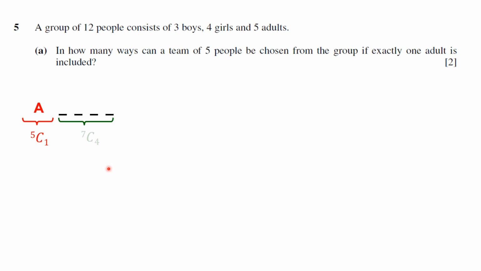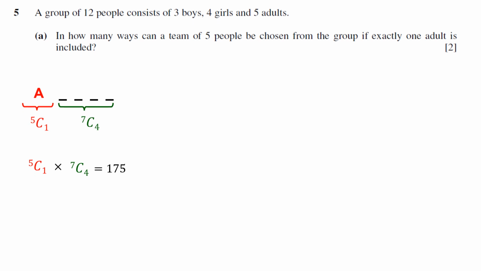So here it is going to be 7 combination 4. So the number of ways the 5 people can be arranged is 5 combination 1 multiplied by 7 combination 4, which is 175 ways.